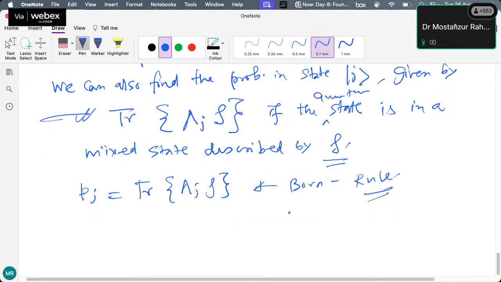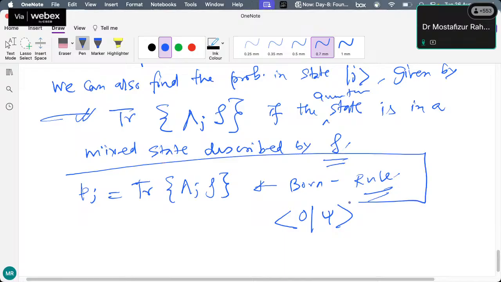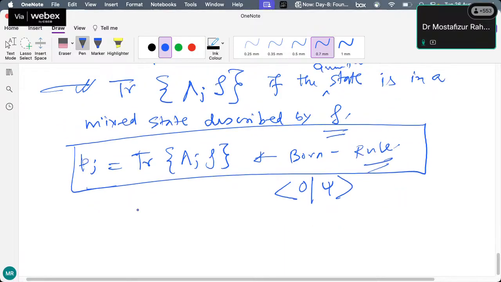For example, to measure the quantum state in the zeroth state, we saw the inner product of zero with psi gives the probability of the state psi in the state zero. That Born rule now becomes lambda j times rho for the mixed state. It's the same thing, a different way of representing the information.